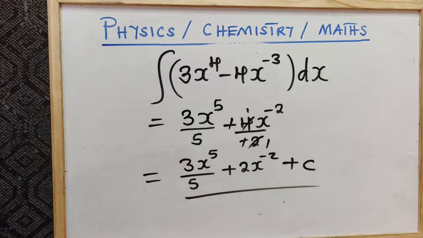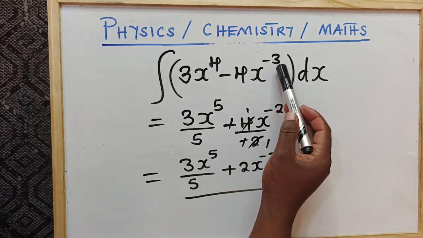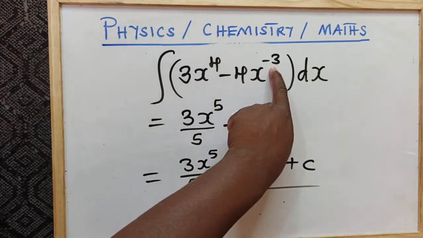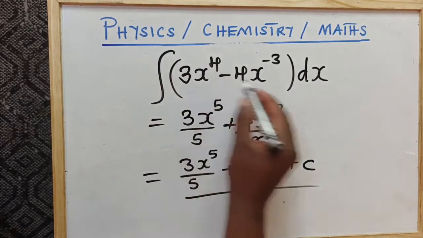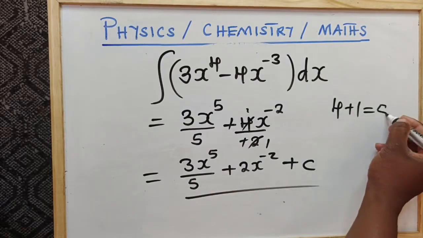when not dividing with 3, is it y not dividing with 3? We can't divide by negative 3 here because we've not done anything to this negative 3. So we always add a 1 to the power. Like we did here, there is a 4. So we say 4 plus 1, which will give us a 5.